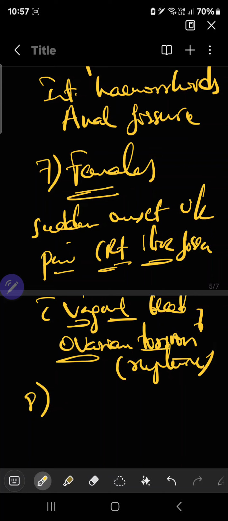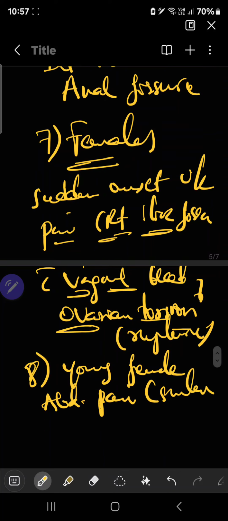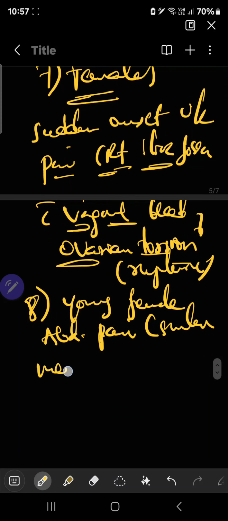And number 8, maybe the patient is a young female having abdominal pain that is similar to menstrual pain.